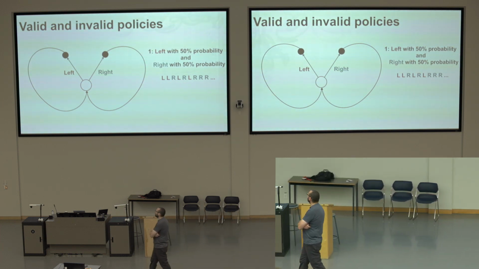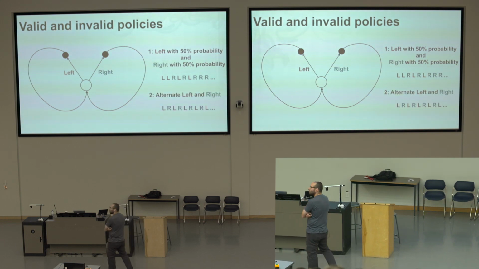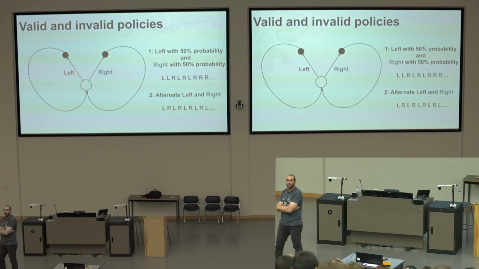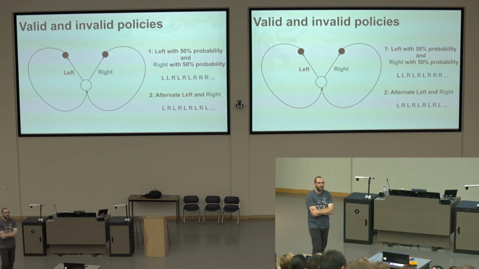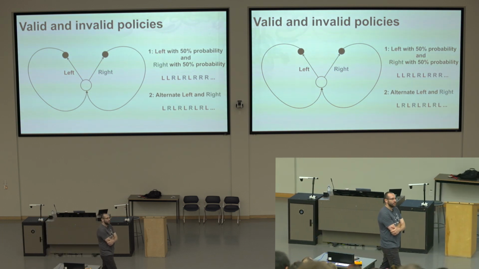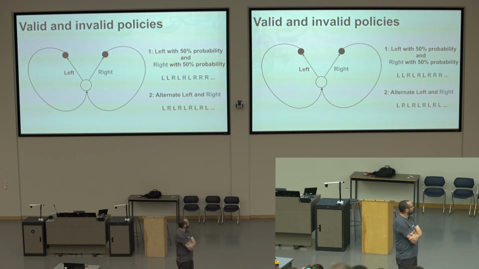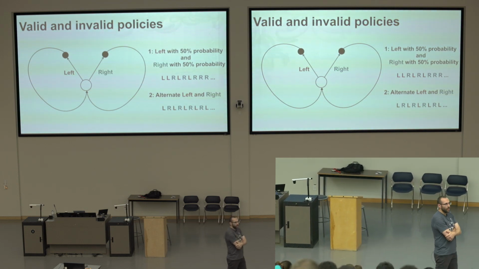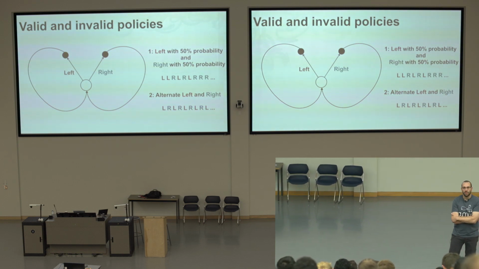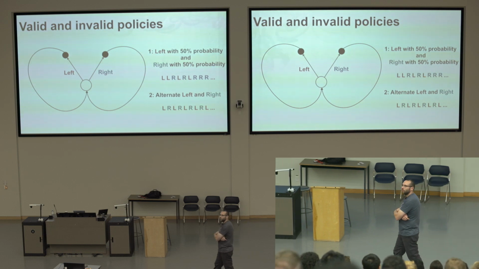What about this one? Alternate left and right. I heard a no. Someone's upset. I'm a little upset too. That's a deterministic policy, which is fine. But why is this an invalid policy? Yeah, what a monster I am.